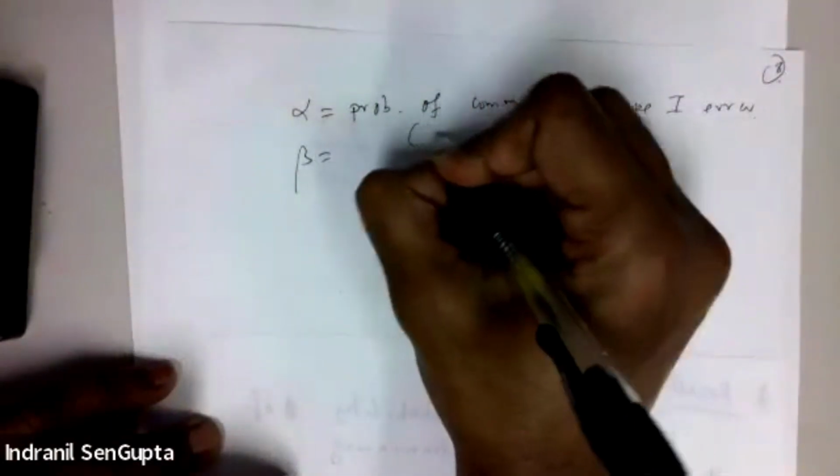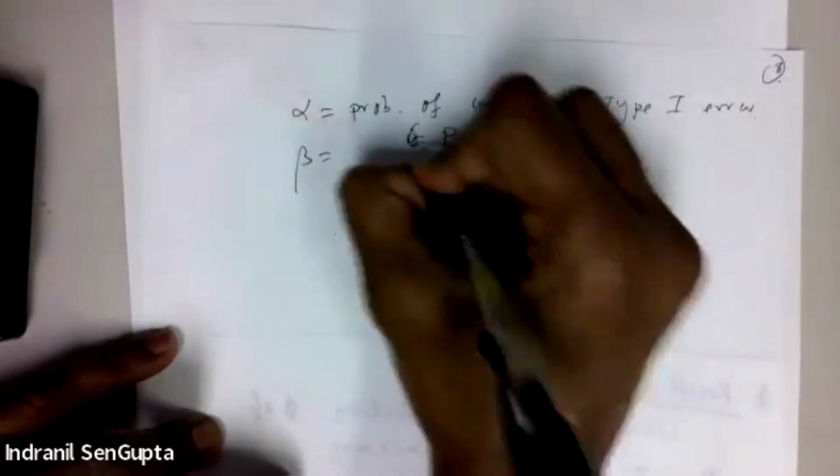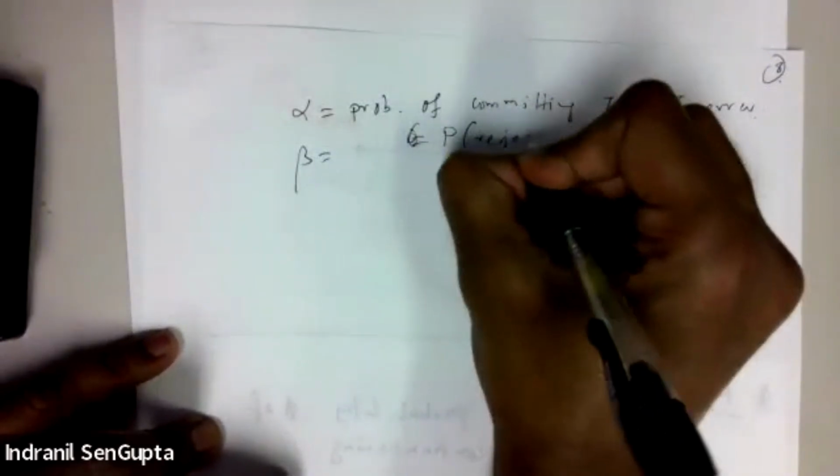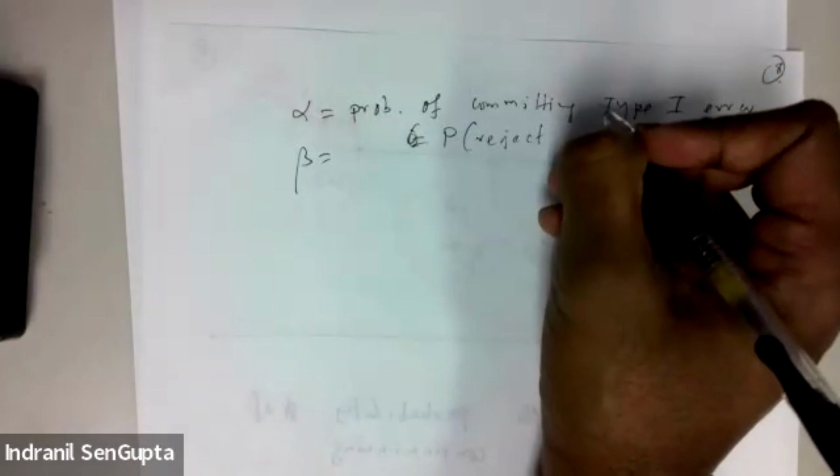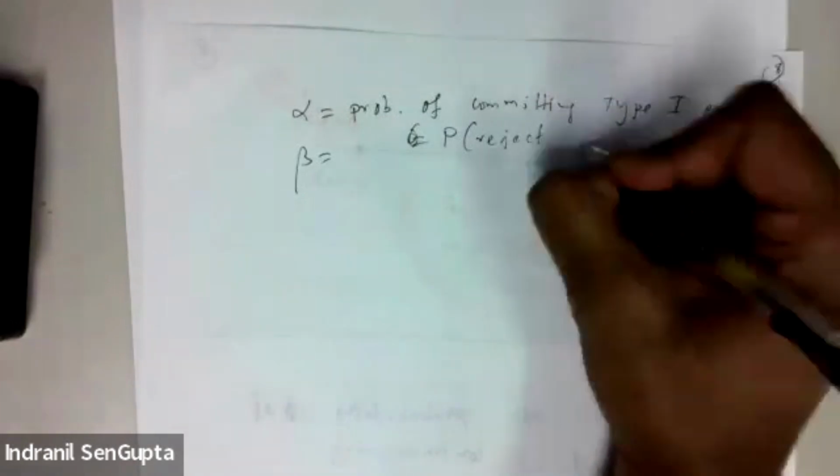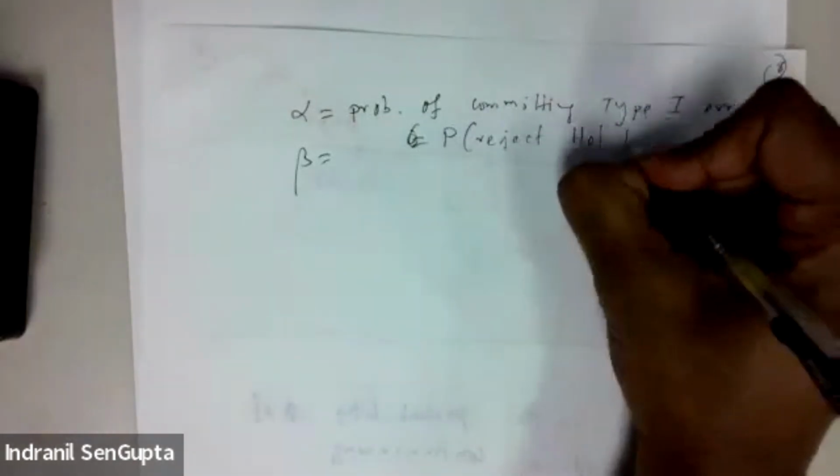That means probability of rejecting H0 such that H0 is true.